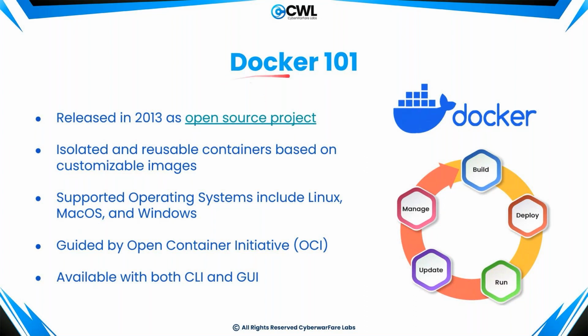So Docker is one of a kind of software or platform which is used to run or orchestrate these sorts of things. Docker provides isolated and reusable containers based on customizable images. We will see these terms in the next slides.